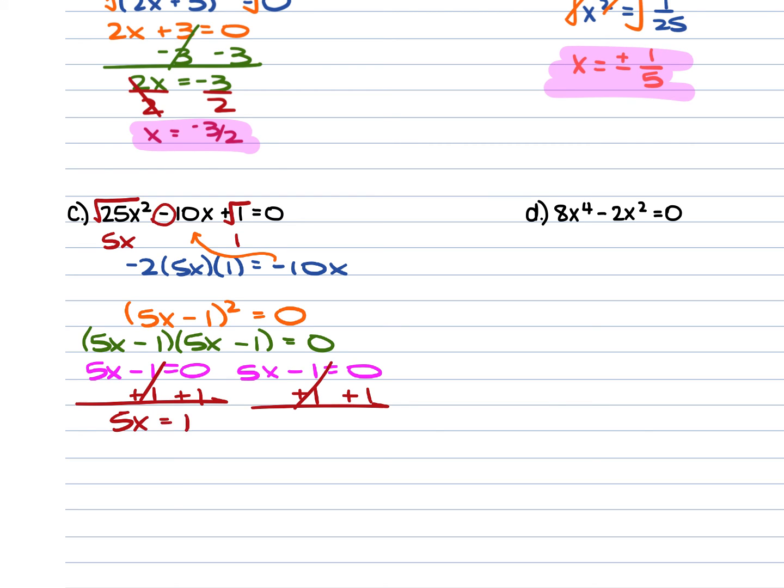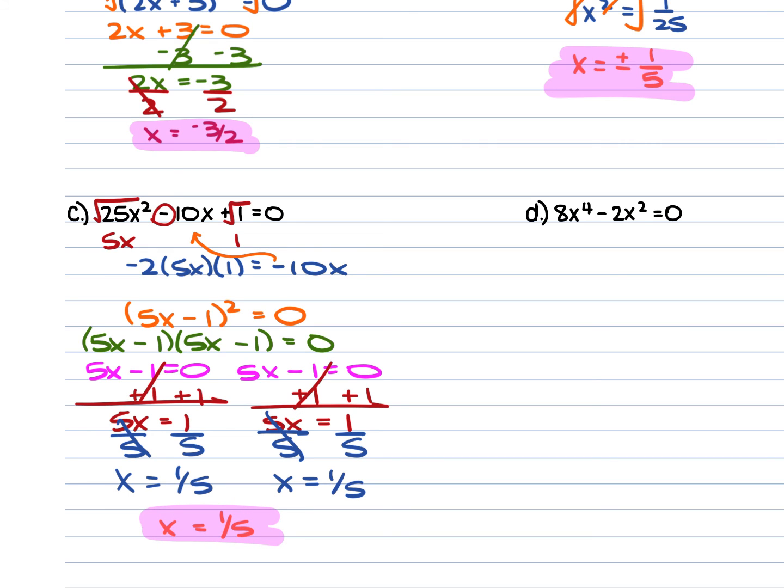So you're just repeating what you're doing. So you still have that x is equal to 1/5 for both. And you only need to give that x is equal to 1/5 one time for your answer.